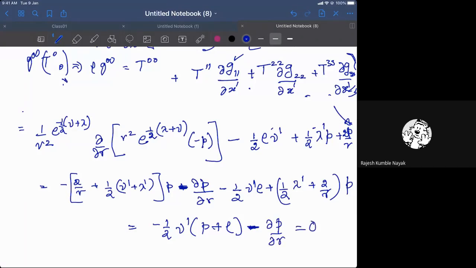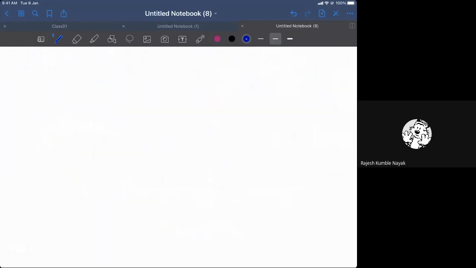So this has to be 0, and then we can write it neatly. What you get here is basically dp by dr is equal to minus half p plus rho into nu prime. So this is the one which comes because of the divergence of T^AB equal to 0 implies only one equation.